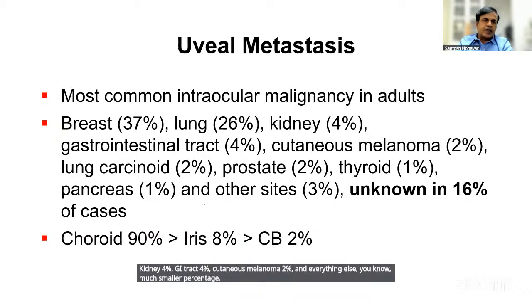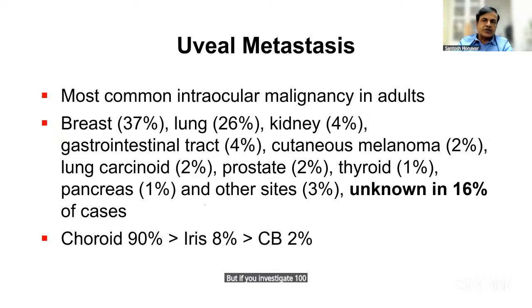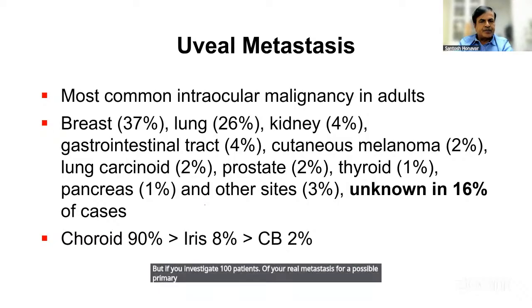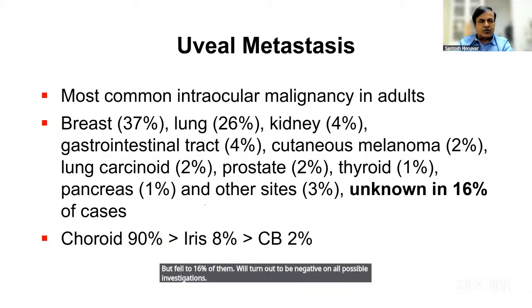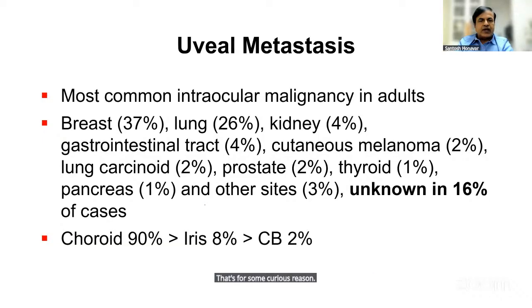But if you investigate 100 patients of uveal metastasis for a possible primary site, about 12 to 16% of them will turn out to be negative on all possible investigations. That's for some curious reason. Of course, they can get a metachronous primary.